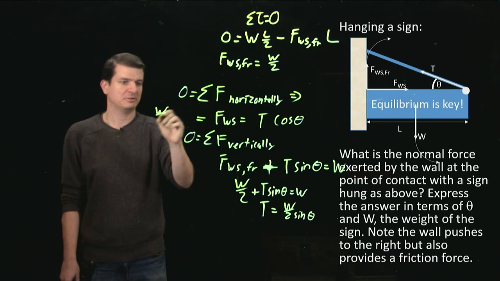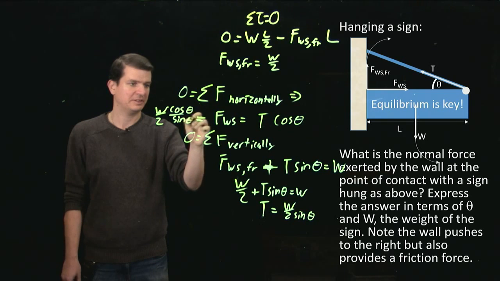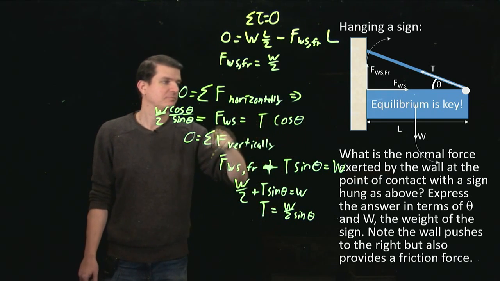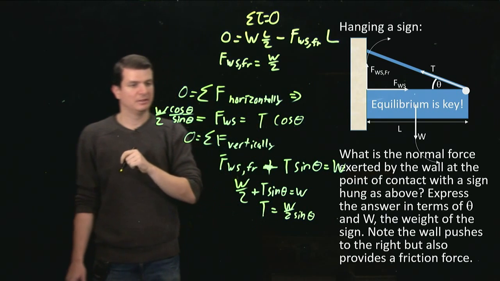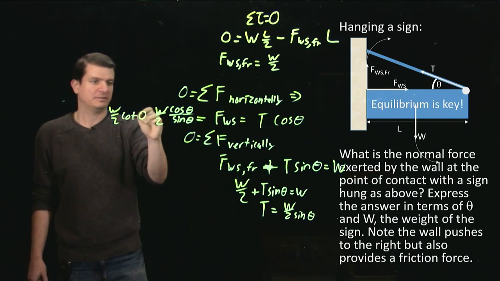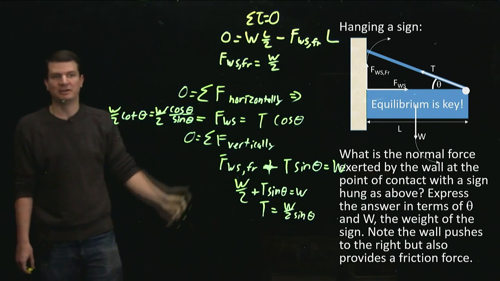So we end up with W on 2 cosine on sine for theta. And we plug this in for this T here. So it's just this W on 2 cotangent theta again. Okay, and therefore we've verified our claim.